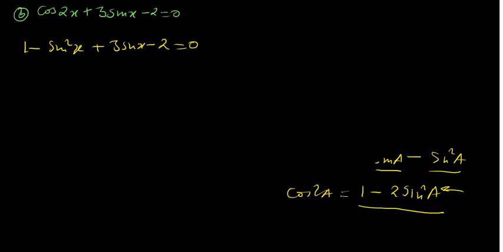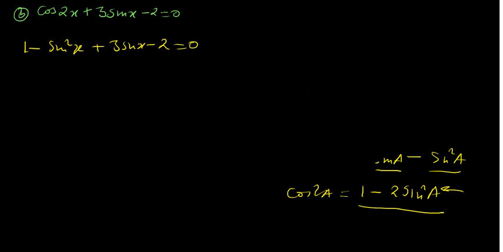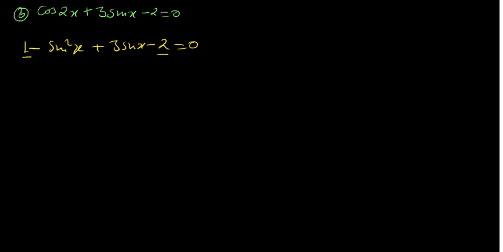Okay, now at this point which we have reached, what we are going to do is we are going to add the like terms. So what I can do is we have got a 1 and a negative 2. That is going to give us what? A negative 1. So we are going to have negative sin squared x and then plus 3 sine x and then minus 1, and that is going to be equal to 0.